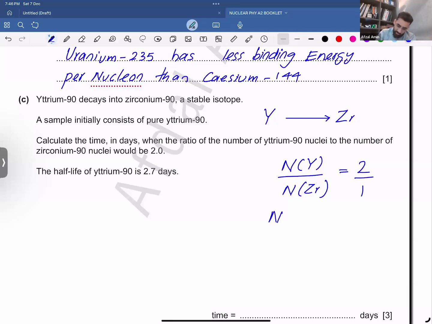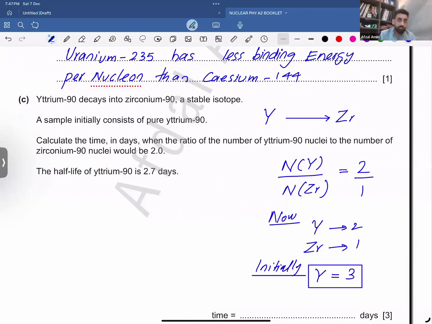It means now if yttrium is 2, zirconium is 1. So initially, how many yttrium were there? 3. Why? Think, my dear students. Because the yttrium is giving you zirconium.